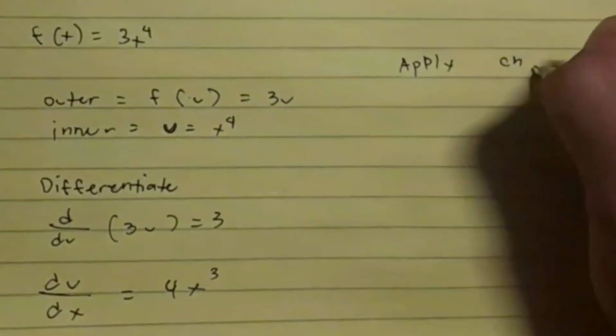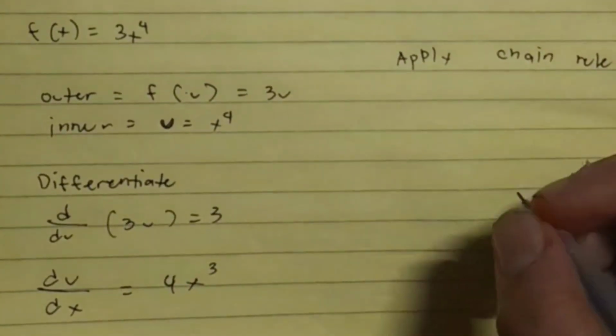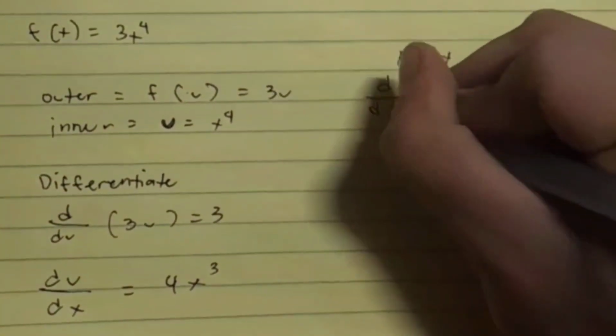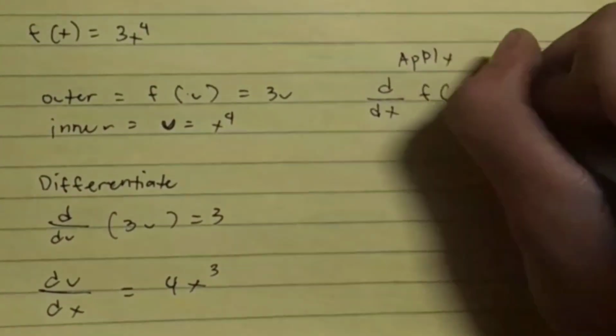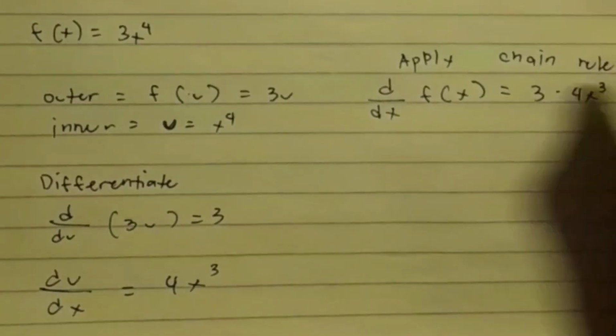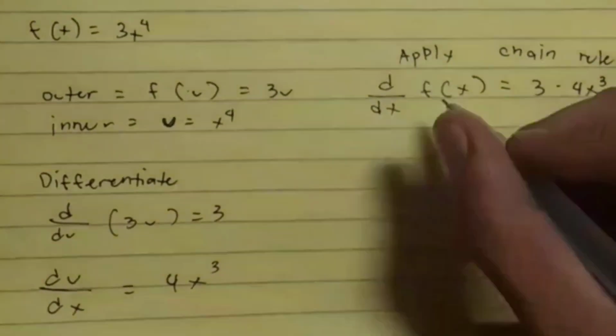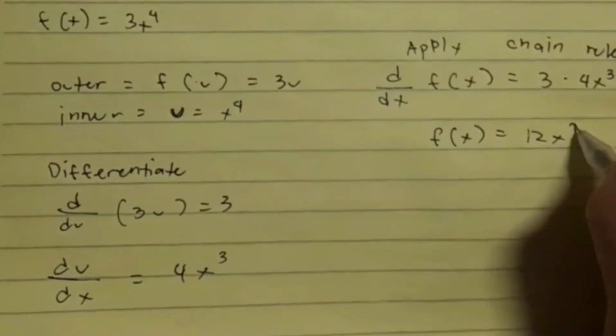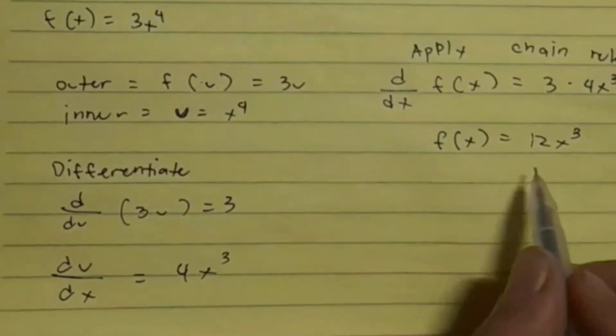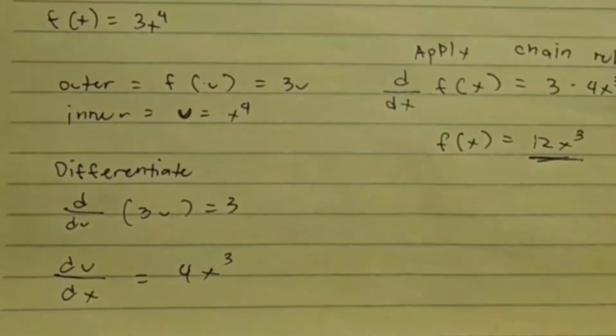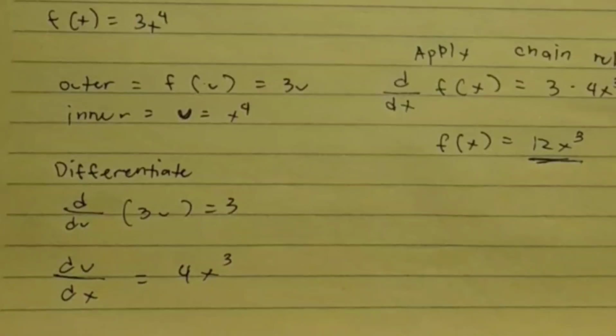Next, ilalagay na natin yung chain rule. d over dx, f of x equals 3 times 4x raised to 3 equals 12x raised to 3. Then yung final answer natin is f prime of x equals 12x raised to 3.